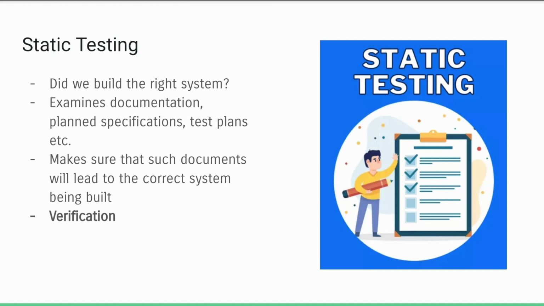Static testing would basically be verifying that even before we create the software, all of the plans for that software basically match what we want, right? So we have plans that take into account all the features and all of the requirements, all the tasks we want that software to be able to complete. Now, the term verification is synonymous with static testing because, again, we're verifying that our plans or our documentation matches our desired end product.